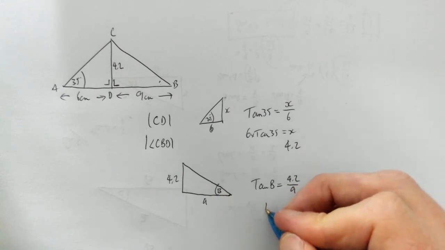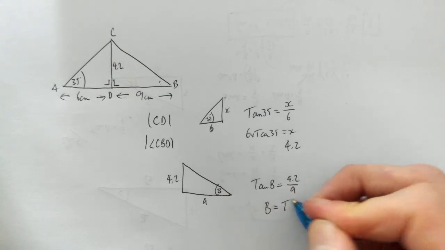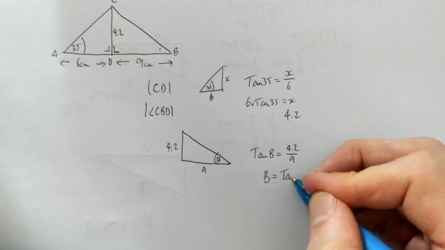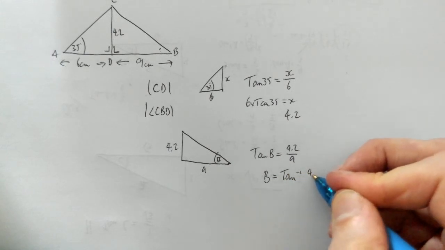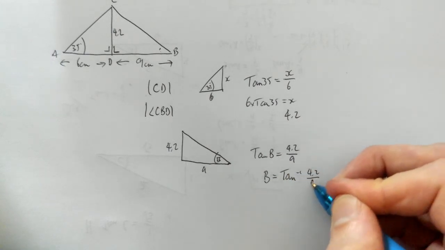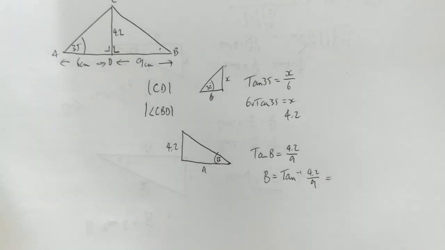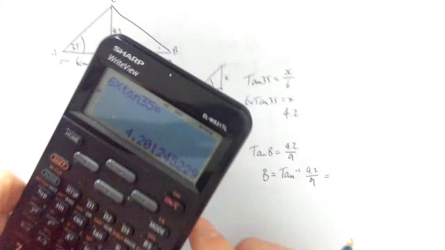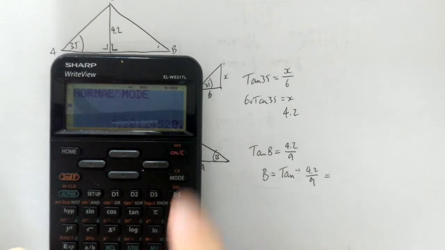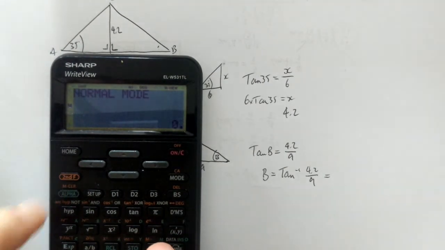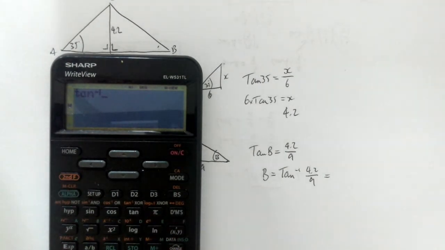So if we want the angle, B is going to be equal to inverse tan. We'd write that like this in our workings, with a -1 there, 4.2 over 9. We type that into the calculator. It says in the question it's the nearest degree, so bear that in mind. Second function, tan. I always like to use the AB button because, you know, I just do.